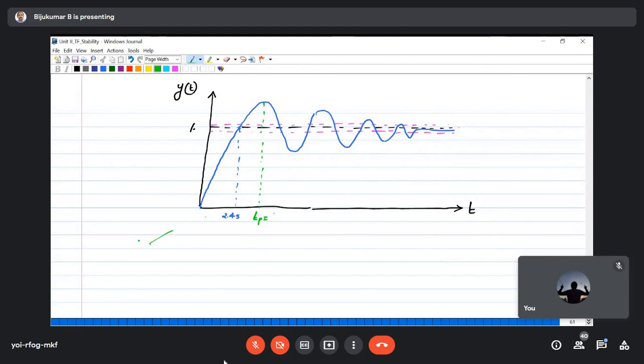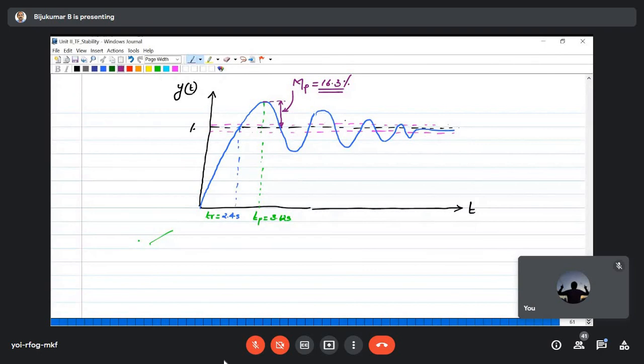Peak time is greater than the rise time, it is 3.62 seconds. And what about the overshoot? This is the overshoot. What we got as peak overshoot is 16.3, so there is 16.3% overshoot in the output.